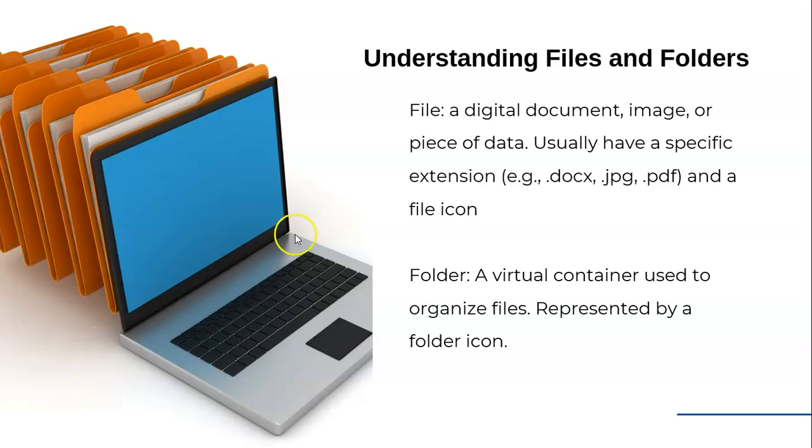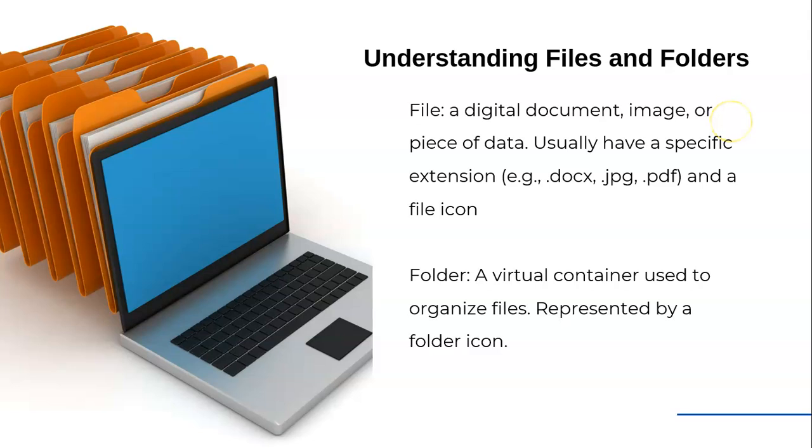Like I said earlier, your digital files could be documents, they could be images, or a piece of data. Even if you type 1 on the computer and you save it, it's a file. And I have also talked about extensions. Wherever you see docx, it means a document. Whenever you see JPG, it means this is an image file.